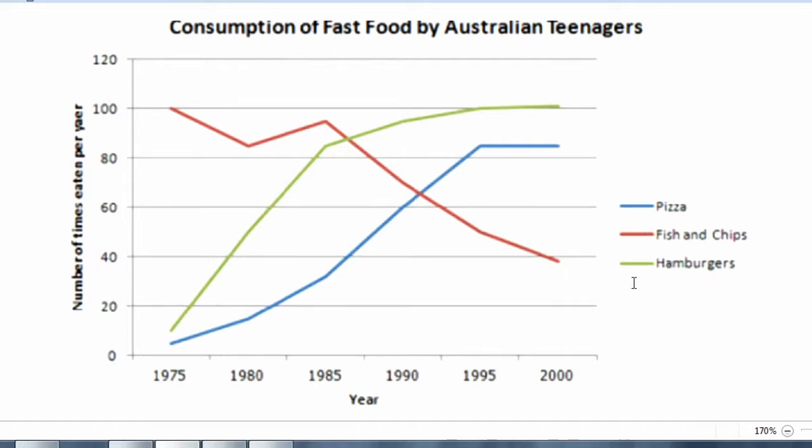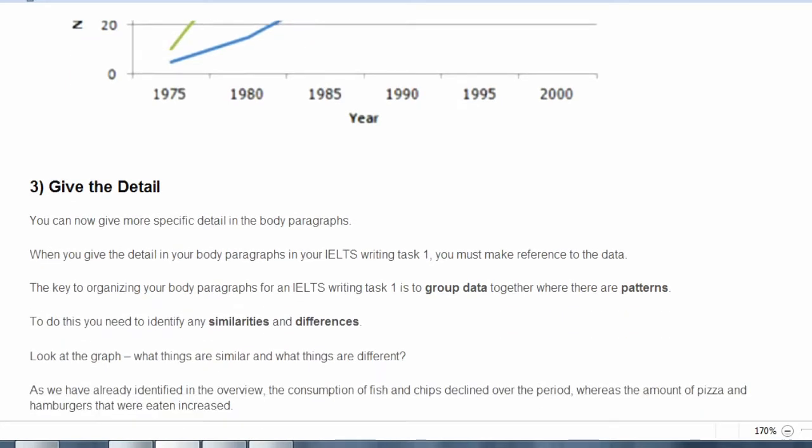But we cannot just write whatever we see, the general trends, because this time we are going to summarize it, and for this purpose we have to look at the graph closely. As we can see in this graph, we have generally 3 types of foods.